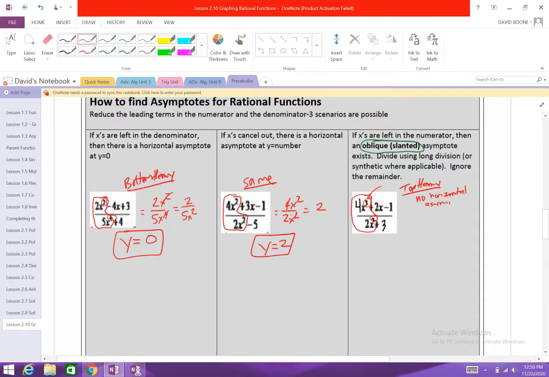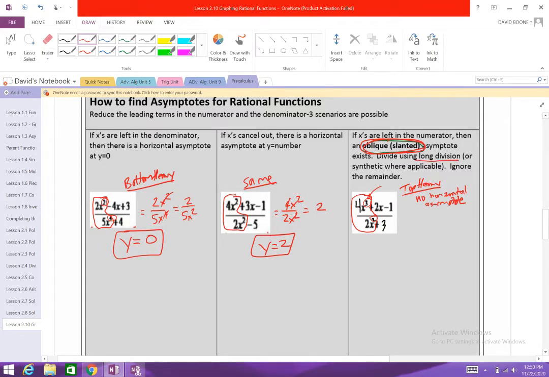And that's what we learned in the past. But what's new now is we do have what's called, again, an oblique or slanted asymptote. And that's what we got to learn how to do. And we didn't have these skills the first time we talked about this, but now we do. And that's where we're going to use long division.